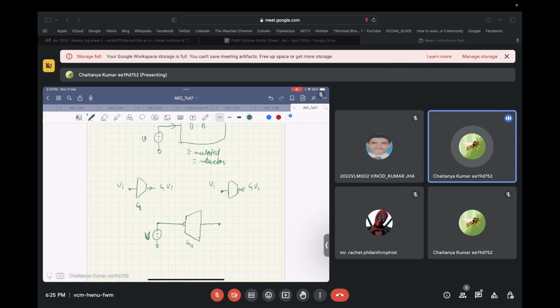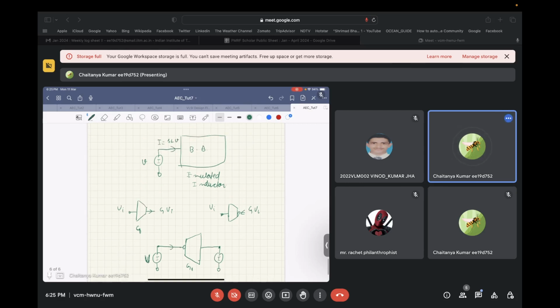So what input must be applied at this particular node, at the input of the transconductor, so that a current of V by SL can be sunk by this transconductor? What should be this Vi?